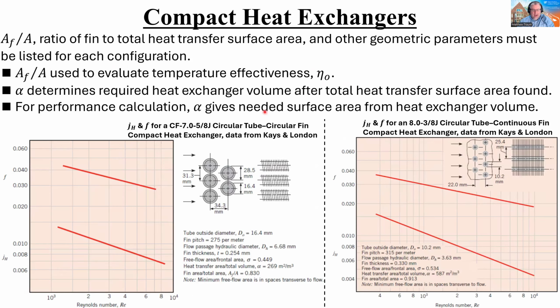So remember, again, normally there's a stack up of resistances. There's resistances associated with the forced convection coefficient h, which we just found. There's resistances associated with the conduction through the tube walls. The whole point of these compact heat exchangers is we're trying to maximize the heat transfer while minimizing the volume, right?